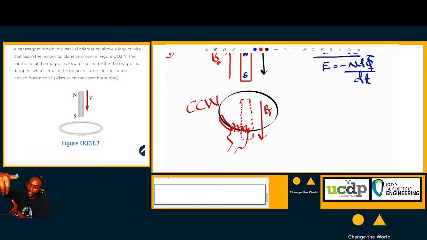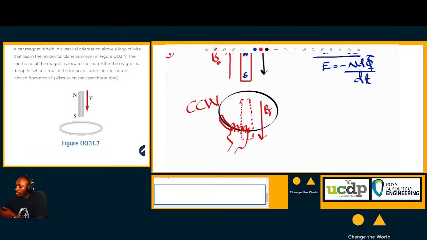So the gripping, we're saying our magnetic field is going inside the loop. So if you are gripping, you have to hold it in such a way that your palm is in contact with that circular ring, then your thumb will self-align with the direction of the flow of current.